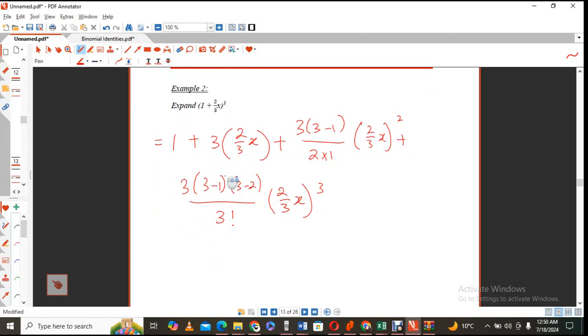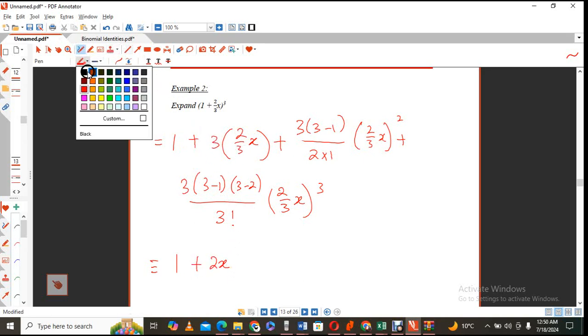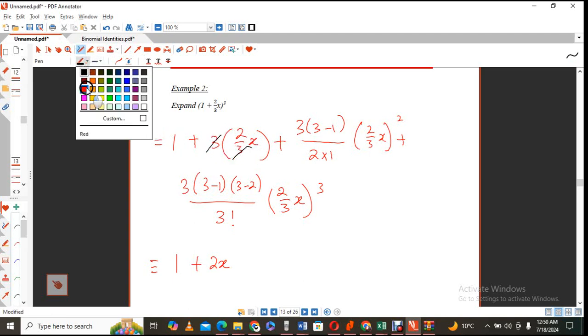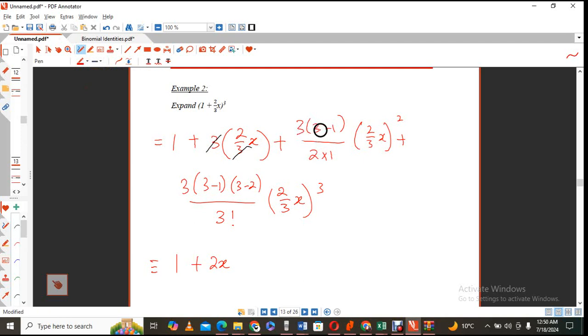So let's just clean this up and see what we get. Okay, so it's going to be 1, that's what you have, and then here you're going to have nothing but 2x, so plus 2x, because the 3's they kind of cancel. Very important that you can see that the 3's cancel. And on this one here we have 3 times 2, which is 6, and half of 6 is 3.